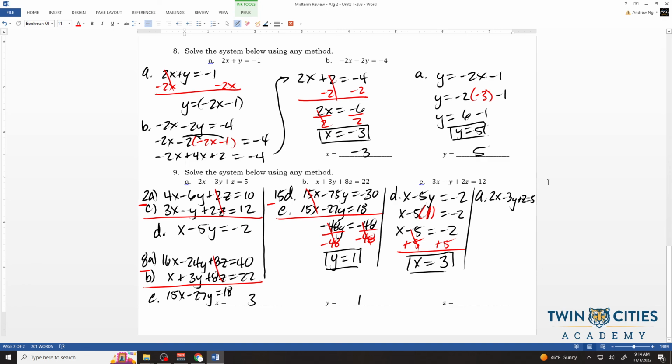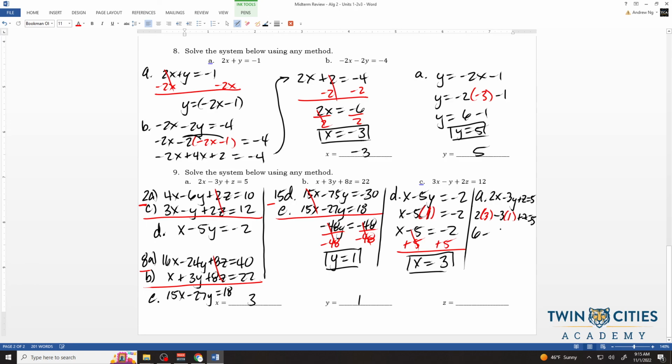Well, since x is 3, this will be 2 times 3 minus 3 times 1 plus z is equal to 5.